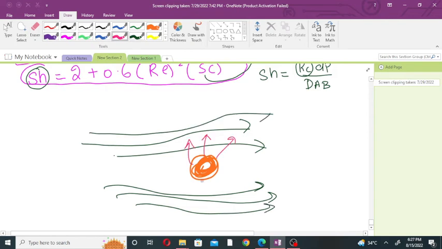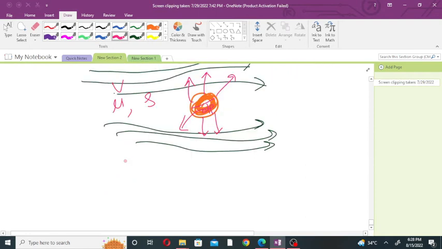The velocity of the fluid is V, the diameter of the catalyst particle is d_P, the viscosity of the fluid is mu, and the density of the fluid is rho. So in that case, what will be the mass transfer coefficient? This is a spherical catalyst particle, and the fluid is flowing around the spherical particle.